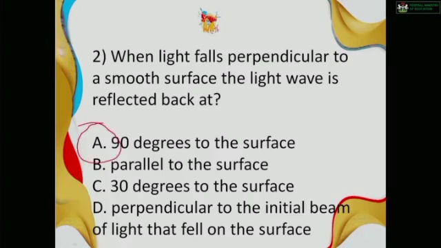Now why is that? Because when a light ray falls perpendicular, perpendicular means at 90 degrees, this light ray is perpendicular to the surface. So this is your surface, I'm sorry for my handwriting, and this is your light beam striking at a perpendicular angle to the surface.